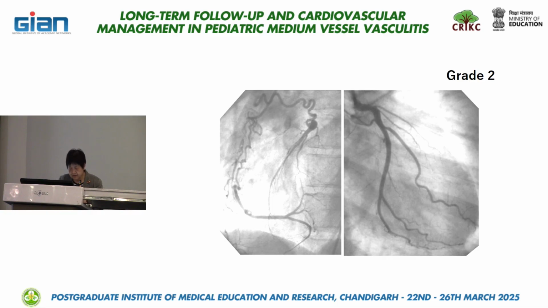This slide shows a coronary angiogram. Her LAD was occluded, but there were collateral arteries from RCA to LAD. In this patient, transmural extent was grade 2.